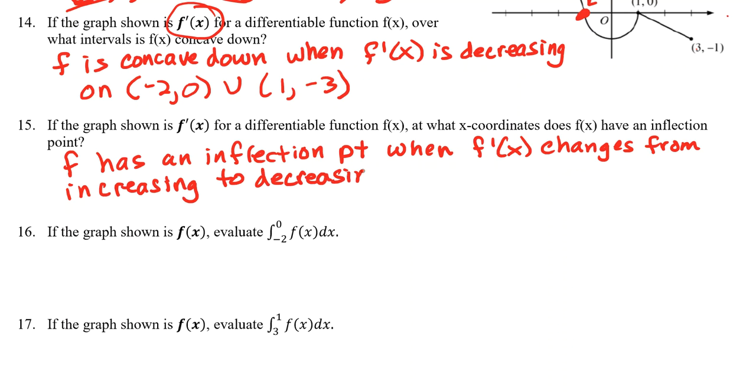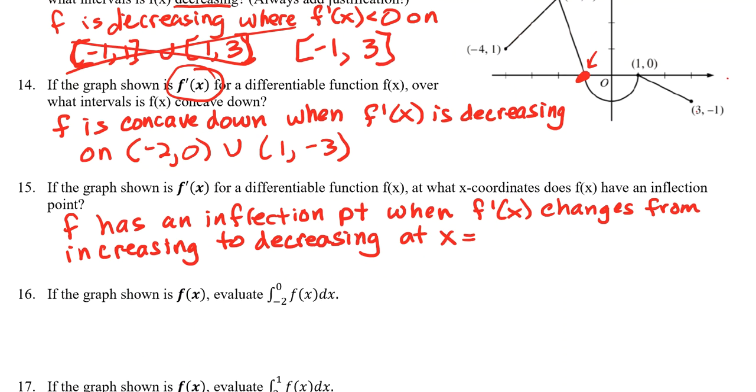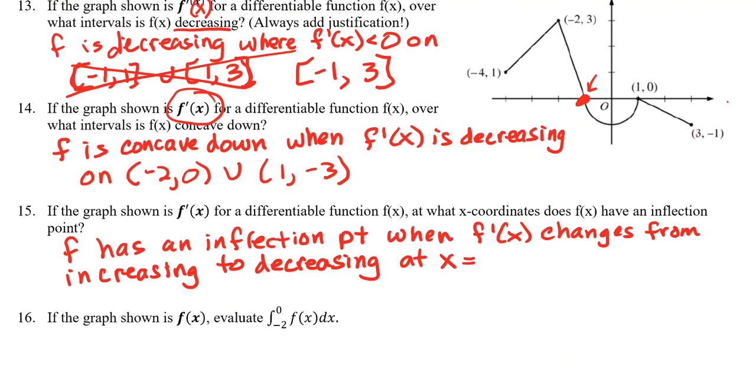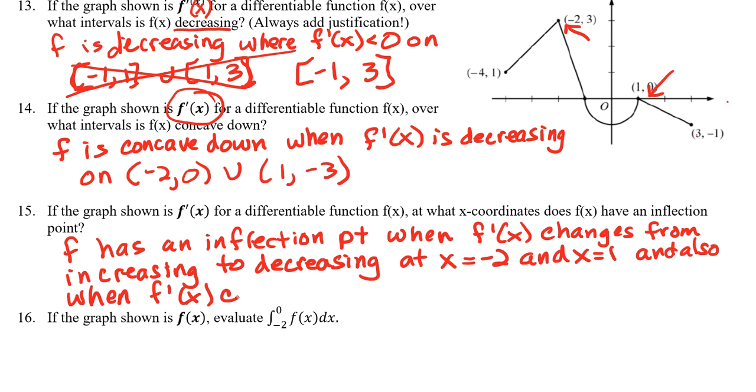And let's look at the graph and see where that happens. The graph changes from increasing to decreasing at -2 and at 1. And also when f prime changes from decreasing to increasing.